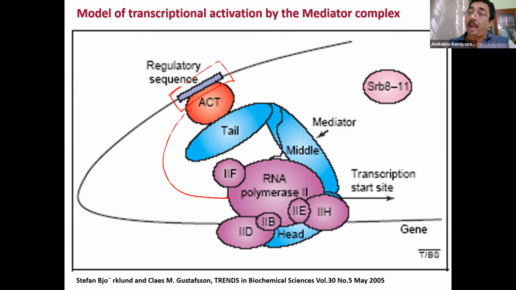Because of that, the rate of recruitment of RNA polymerase to the promoter will increase and transcriptional activation will happen, because once it is recruited to the promoter, the transcription happens by default. That's how I look at it.